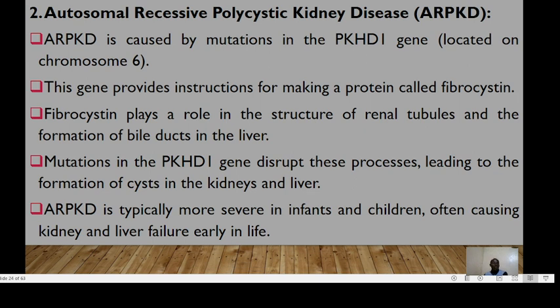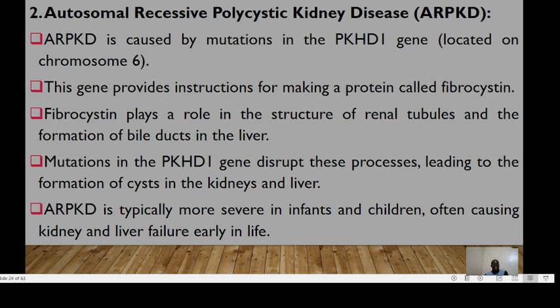What about the autosomal recessive? Autosomal recessive polycystic kidney disease is caused by mutation in the PKHD1 gene located on chromosome number 6. This gene provides instruction for making a protein known as fibrocystin. Fibrocystin plays a role in the structure of the renal tubules and the formation of bile ducts in the liver.